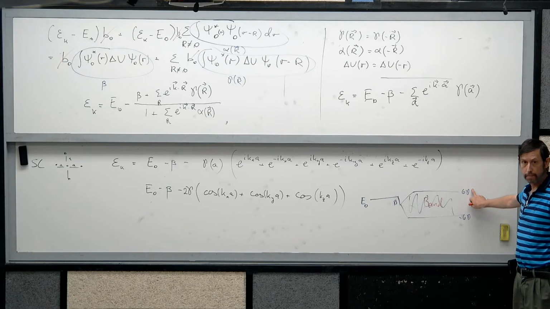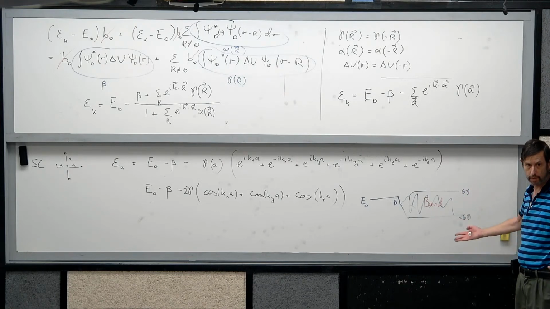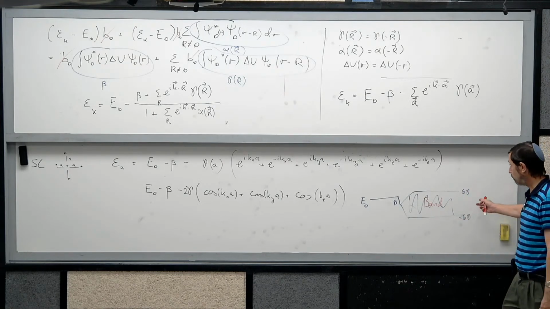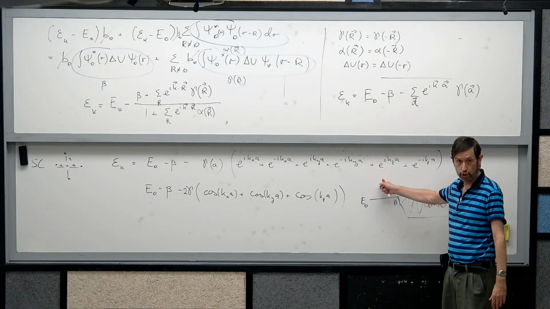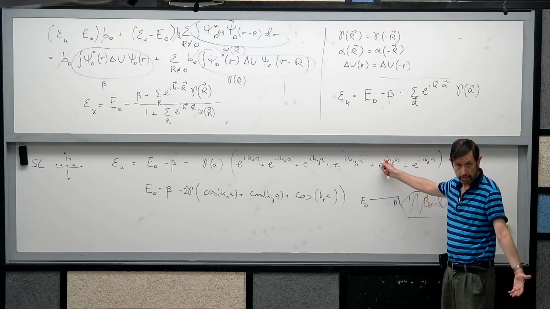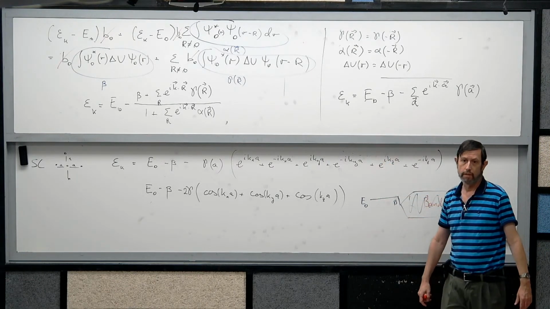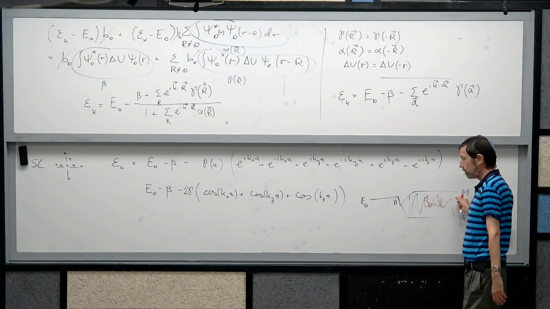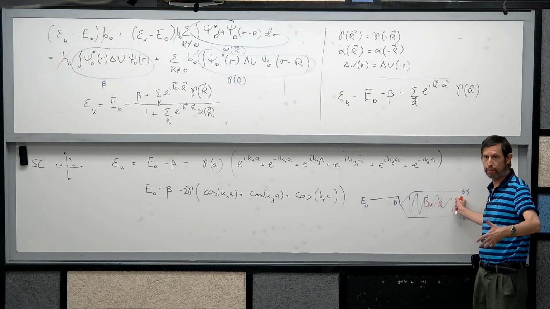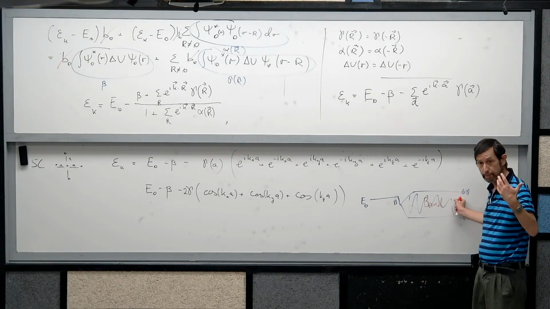Gamma depends on just the properties of the atomic wave function and could be different for each level. The number here, 6, comes out of the number of nearest neighbors and can be different for different dimensionalities and different lattices.